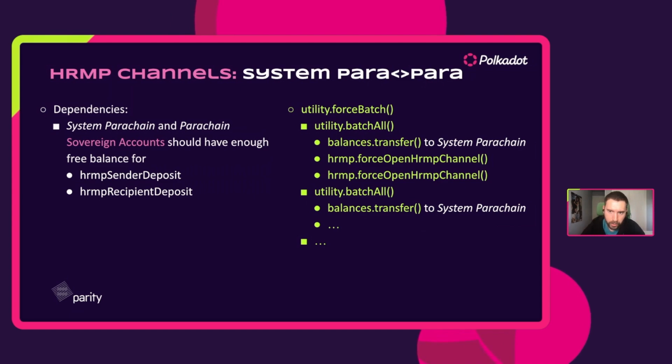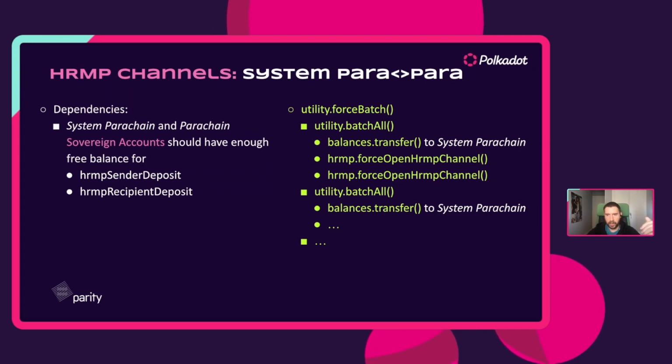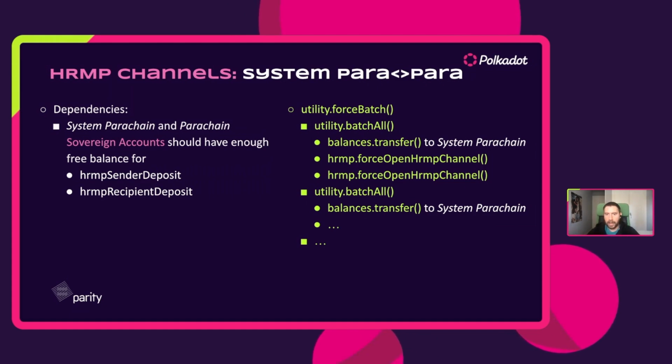So this allows the governance to bundle many requests in a single batch. For example, imagine that the first one is opening a channel between, I don't know, Astar and Moonbeam, and for some reason it fails, but it goes to the next batch, opening a channel between Acala and Statemint, and it can succeed.